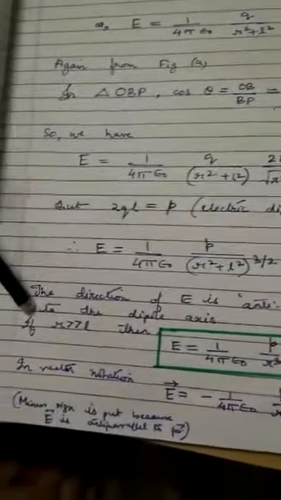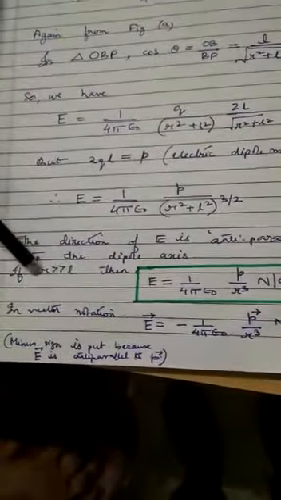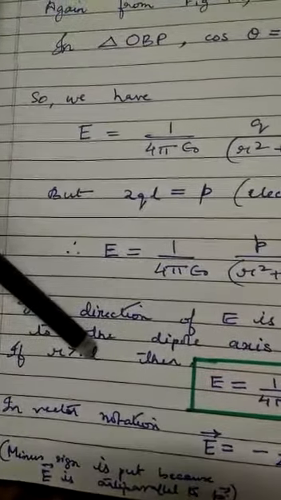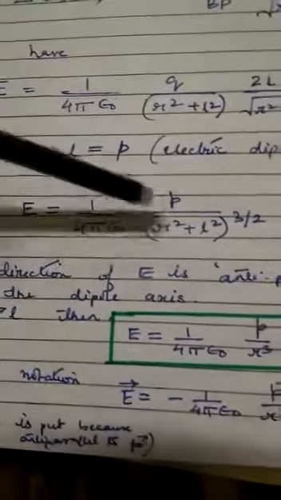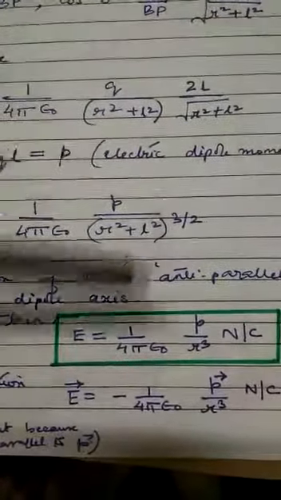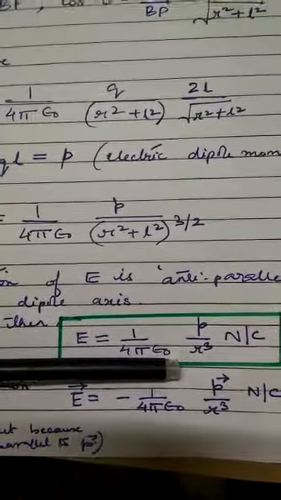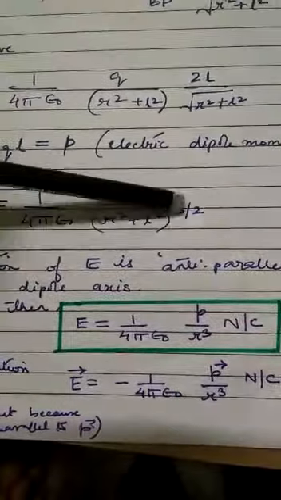Then we consider the limiting condition if r is very much greater than L. If P is located at a larger distance and the dipole is of a very short length, in that case L square can be neglected. So this part is reduced to p by r cube. L square is not there. r square to the power 3 by 2, 2 cancels, only 3 is left.